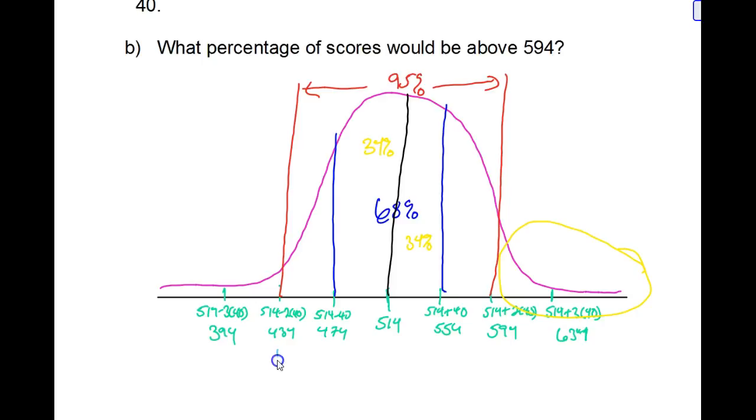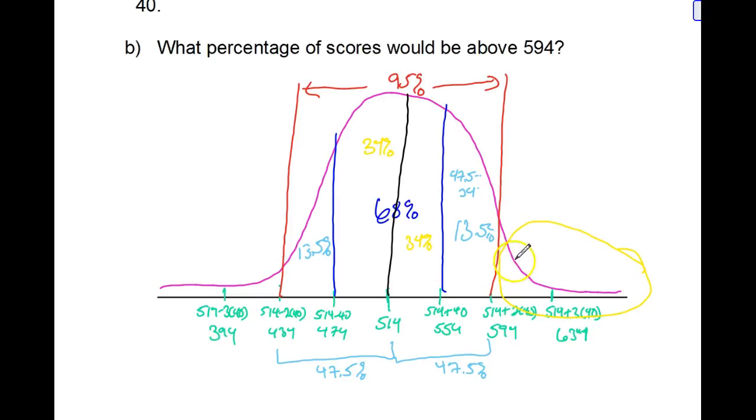So what that means is that from here to here is 47.5, and from here to here is 47.5%. So if I want to look at this little bitty portion, that's going to be 47.5 minus the 34, which will give me 13.5%. 13.5% here.